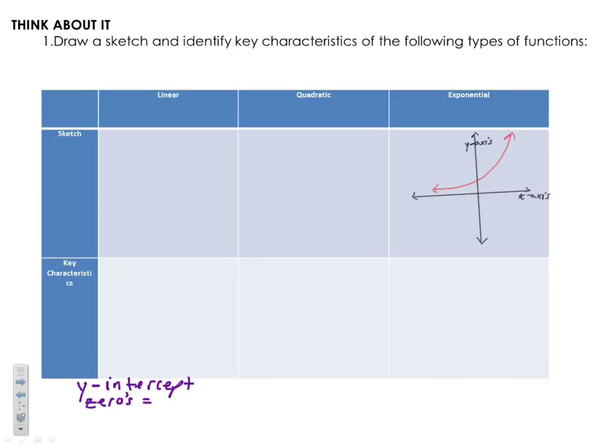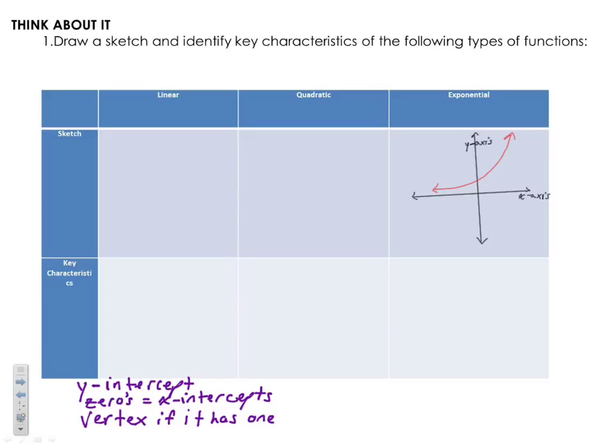Those were equal to our x-intercepts. A vertex, if it has one. And then there are some other things that we would consider key characteristics for different functions, but really this is what we're looking at, all right?